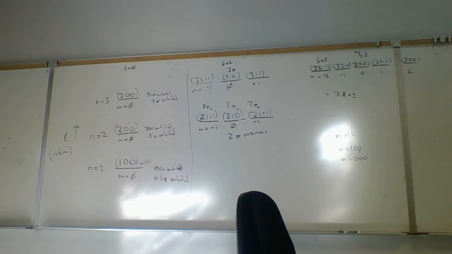The answer is yes, because L can have all values up to a max of n minus 1. Let's do more math. Is a 6I orbital allowed? No, it's forbidden.